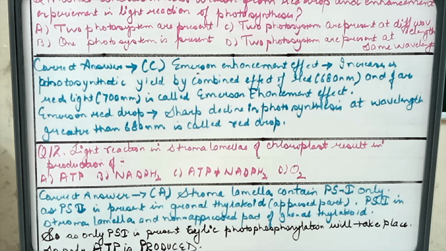We should remember that photosystems are located where? Now, the stroma lamina of chloroplast contains only photosystem 1. So, since stroma lamina contains only photosystem 1, there would be only cyclic photophosphorylation there. And in cyclic photophosphorylation, only ATP is formed. NADPH2 is not formed. So, answer would be option A, ATP.